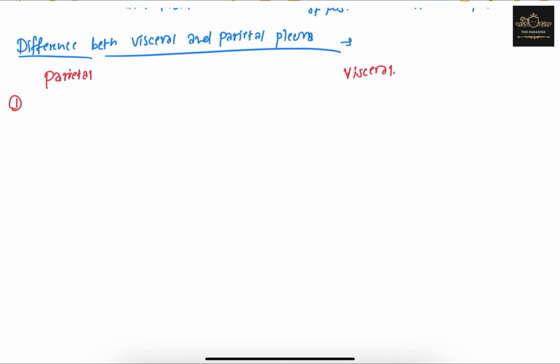So first point: parietal pleura is thick, visceral pleura is thin.